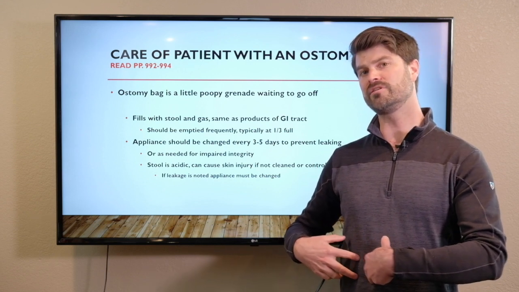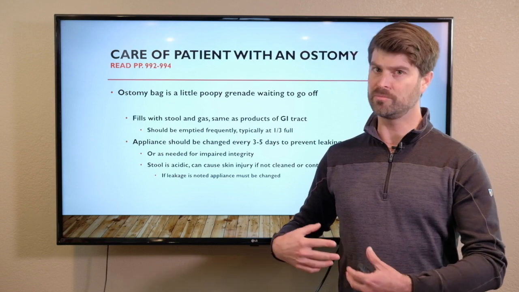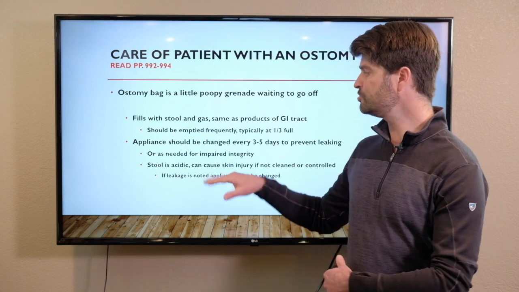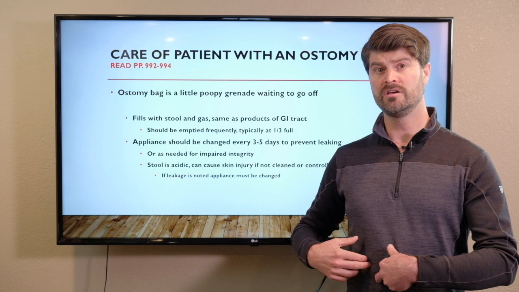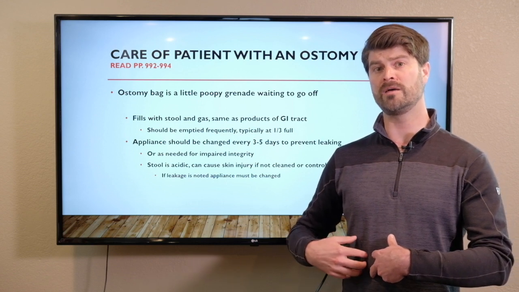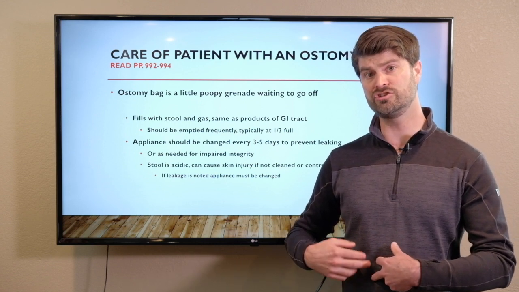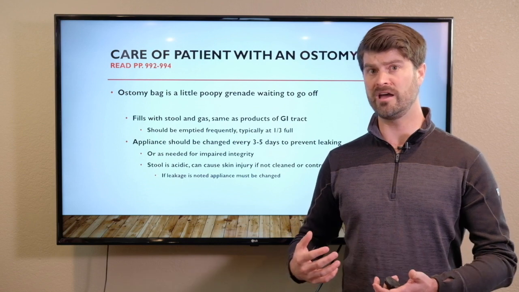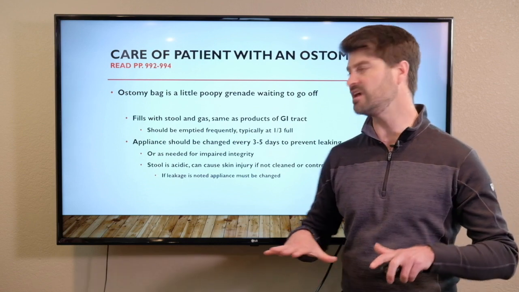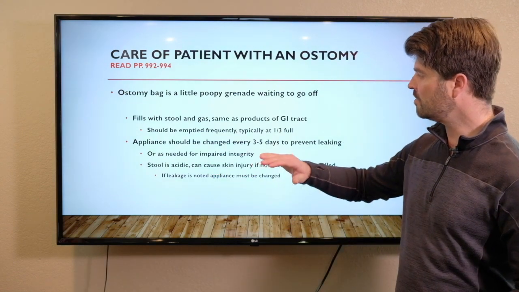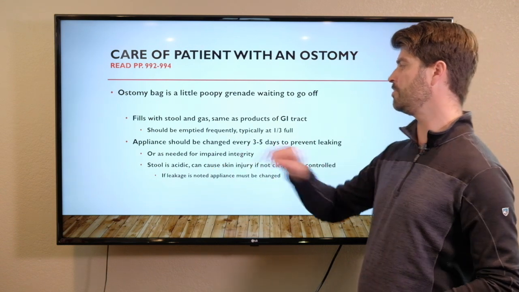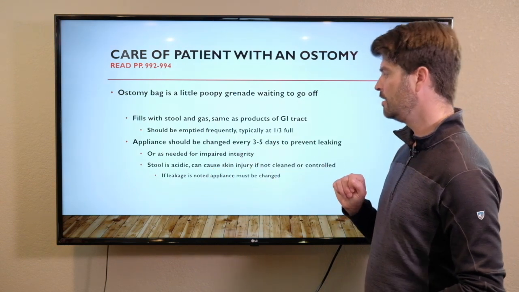If we cut those a little too large, it's a problem because the stool content is very acidic, so it will cause tissue damage to any exposed skin where that appliance hasn't protected it. So this needs to be a custom fit each time we apply one of these appliances.